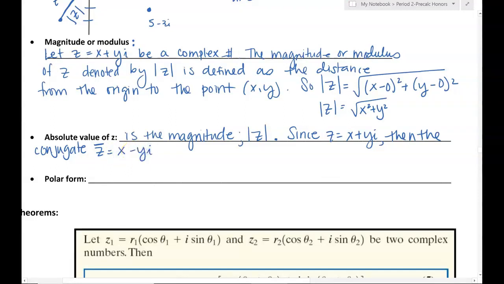So the conjugate equals x minus yi. So what if we multiply the conjugate pair together? That means we want to multiply z by z bar, which leads us to the equation x plus yi times x minus yi, which equals x squared.